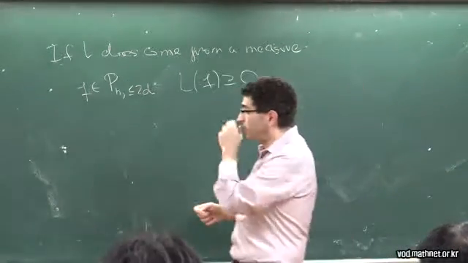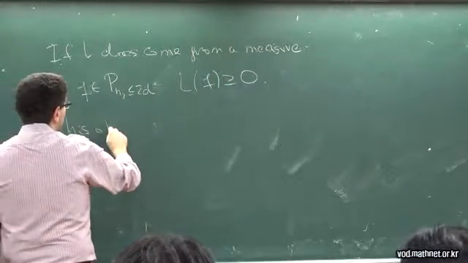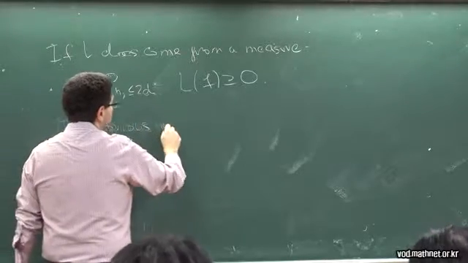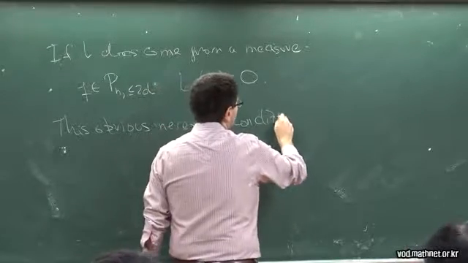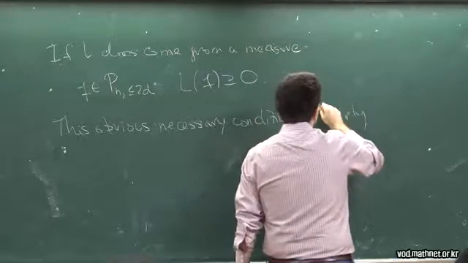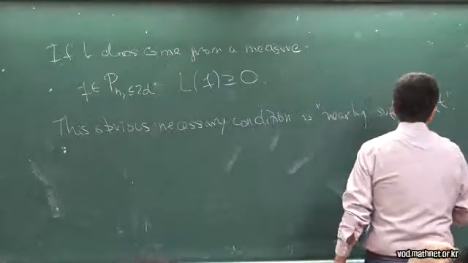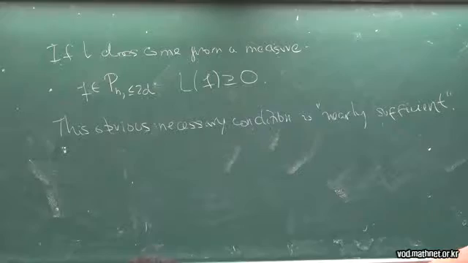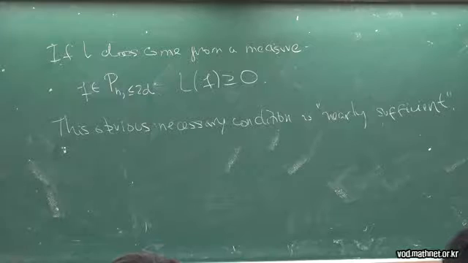So this obvious necessary condition is sort of nearly sufficient. I don't want to make it too precise. There are some rare cases where even though you're non-negative on non-negative polynomials, you will not come from a measure.